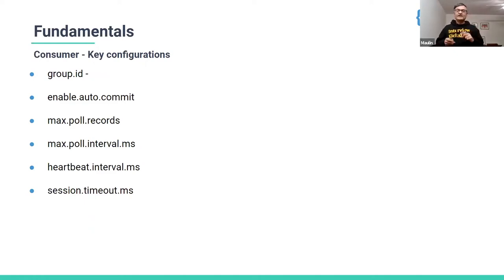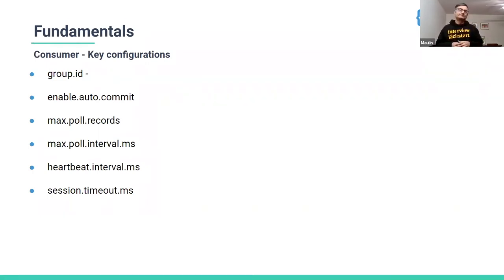The last two configurations are around a similar aspect of liveness. You can configure the heartbeat interval, which means the consumers are always going to send heartbeat requests to the brokers, and you configure that, say, every 3 seconds or every 5 seconds.